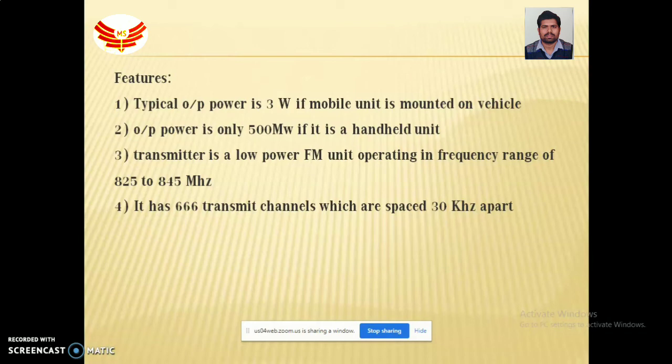Within these two bands, 660 separate channels, 333 channels per band, have been assigned for voice and control. Each channel occupies a bandwidth of 30 kilohertz. So these are the features of the mobile phone unit.